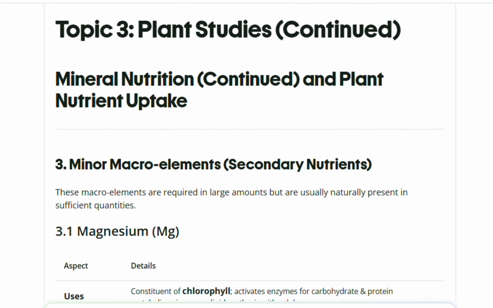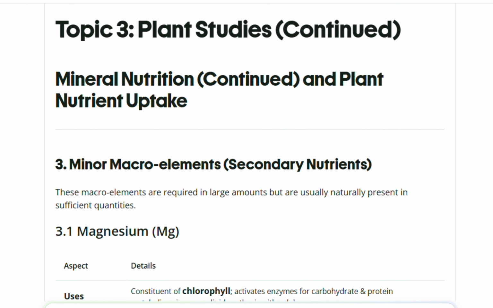These macro elements are required in large amounts, but are usually naturally present in sufficient quantities. We have magnesium, calcium, and sulfur.